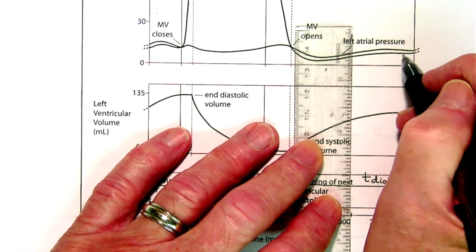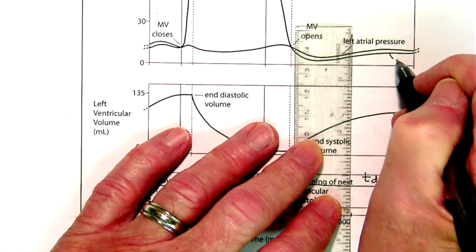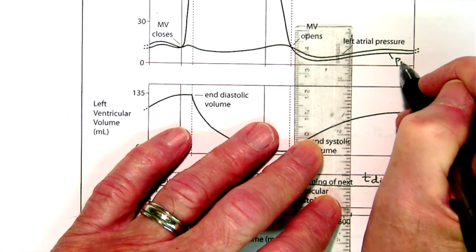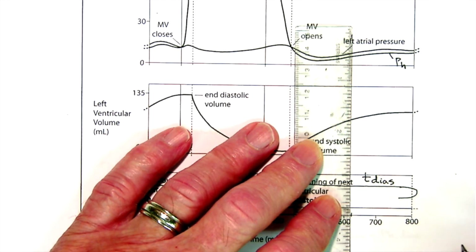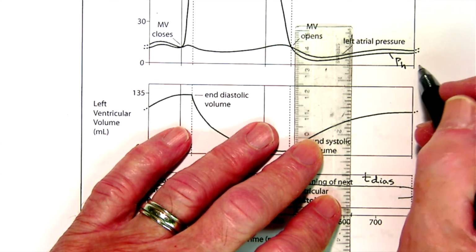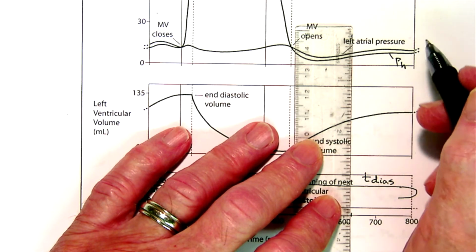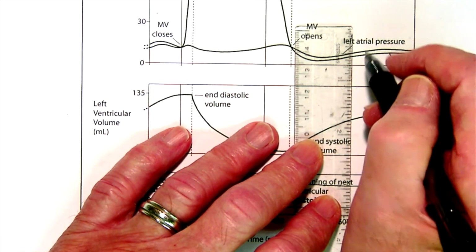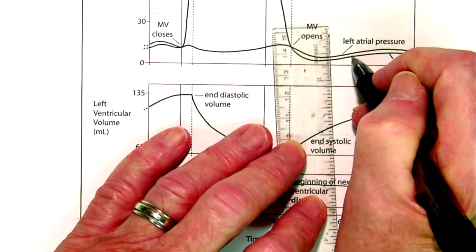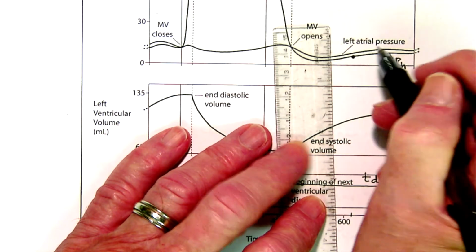Believe it or not, the pressure in the heart is now the lowest of all the pressures during diastole, because that's what allows the mitral valve to open up to fill the heart, and it has to be very compliant with low pressure in order to fill easily. So the pressure in the heart during diastole is the lowest line here, and the ruler crosses that line right about there.